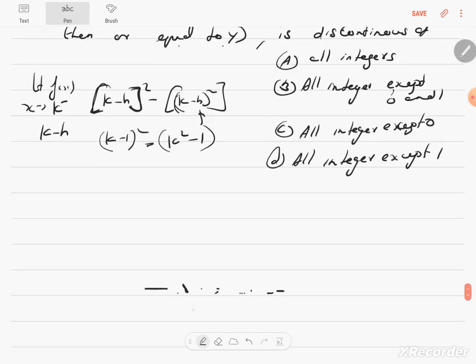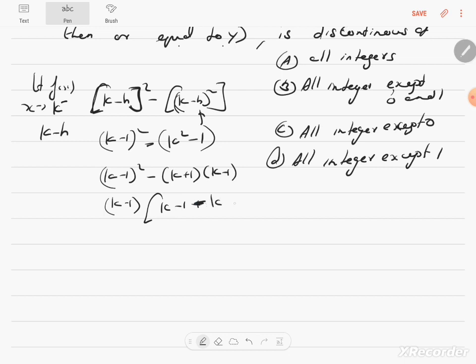Then you can write it as a plus b into a minus b: k minus 1 the whole square minus (k plus 1) into (k minus 1). So k minus 1 is completely common, a k minus 1 minus k minus 1. k and k get cancelled, so it's k minus 1 into minus 2 is all I get, as x is tending to k. So this is my left hand limit.